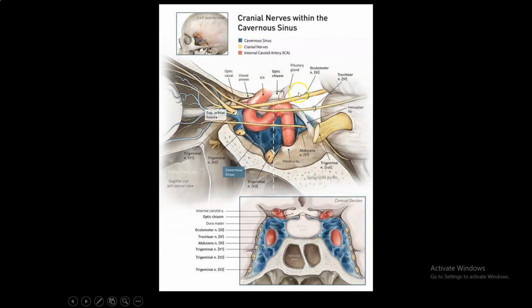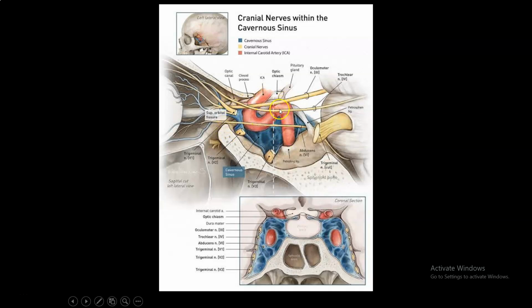Another view, lateral view: internal carotid artery, the sixth nerve, and the contents, oculomotor, trochlear, and should be here the ophthalmic division of the trigeminal, which is V1, going to the superior orbital fissure. It is cut here.